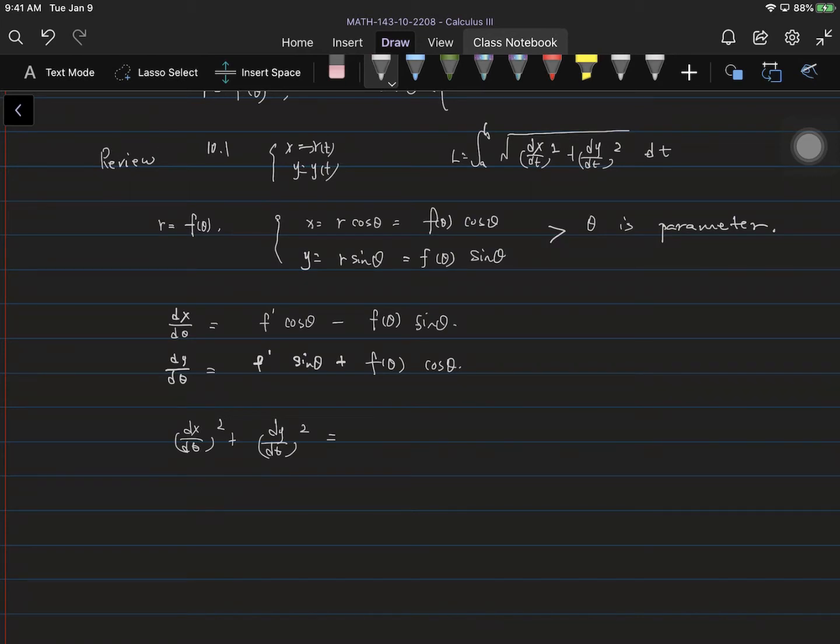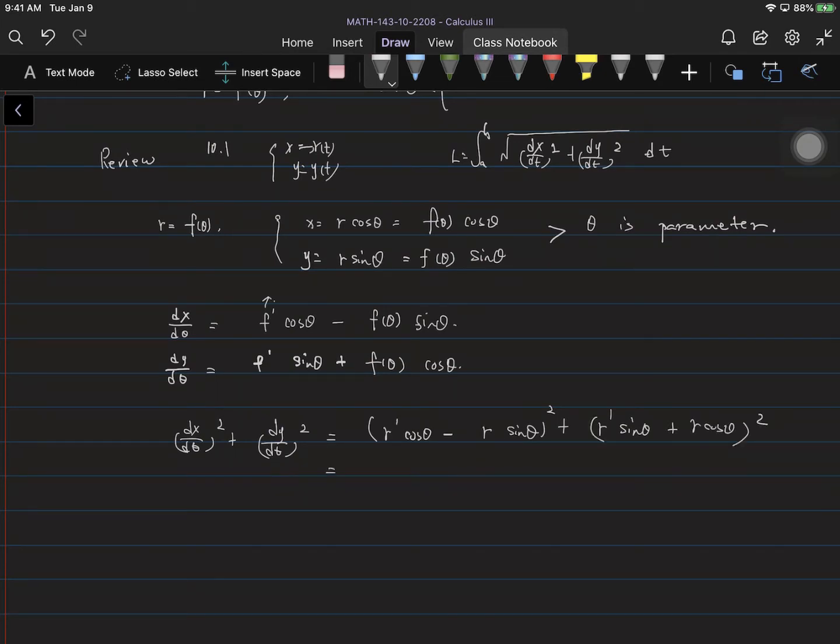Now we are going to change f prime into r prime. So it's (r prime cosine theta minus r sine theta) squared plus (r prime sine theta plus r cosine theta) squared.